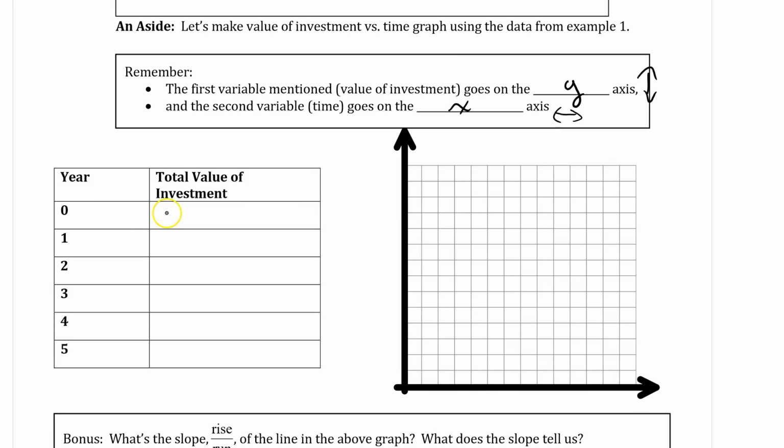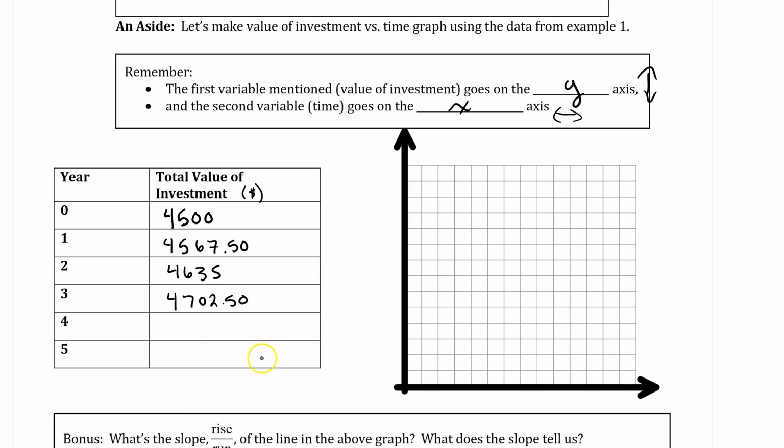So after 1 year, just to save myself a little bit of time, we're going to say total investment in dollars, so I don't have to put my dollar sign every single time. So 4,500, 4,567.50. Then we have 4,635, and then we have 4,702.50.